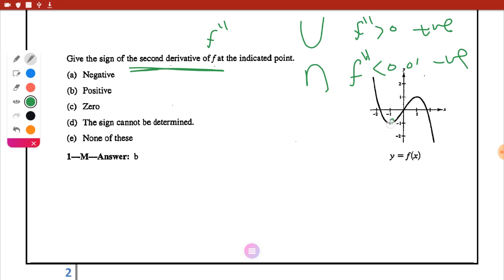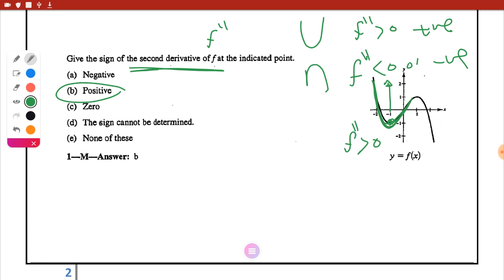Okay? Here, this point is on the curve of the function, such that the function is concave upward on this interval. So the second derivative at this point must be greater than 0, positive, because the curve of the function is concave upward.